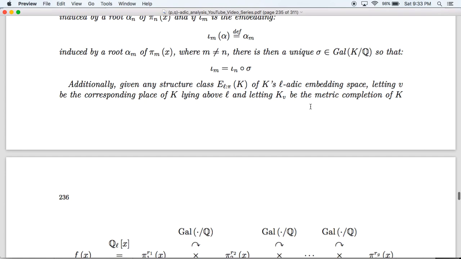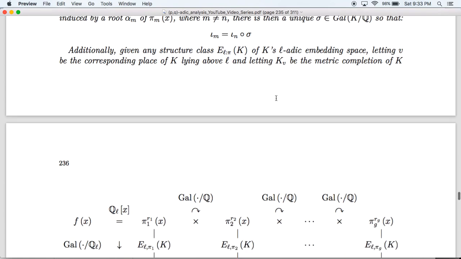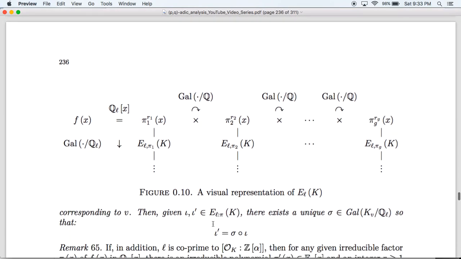Then the relation between iota prime and iota is given by a unique element of the Galois group of K_v over Q_L.